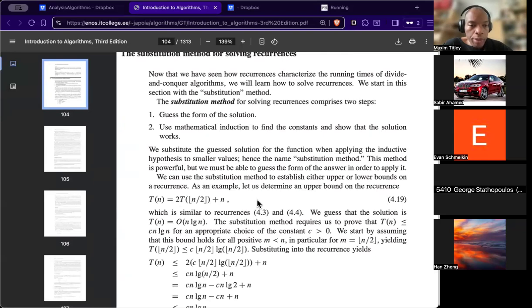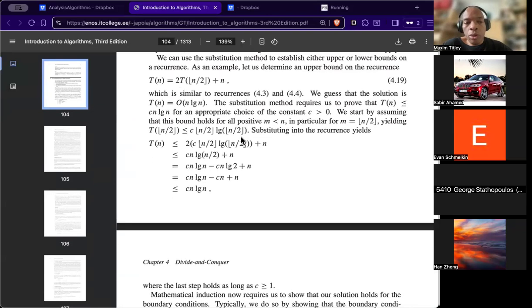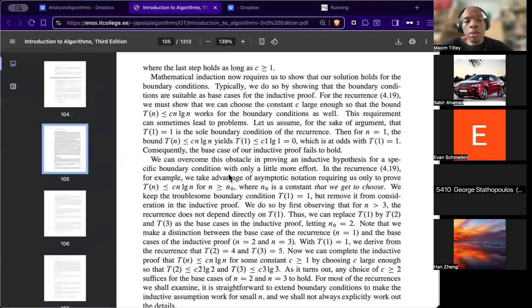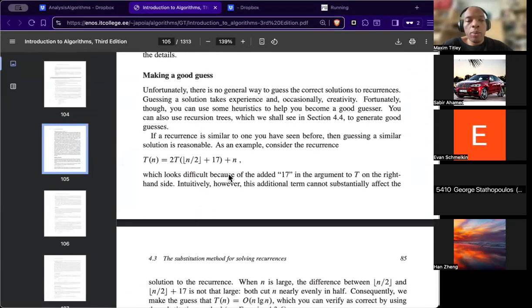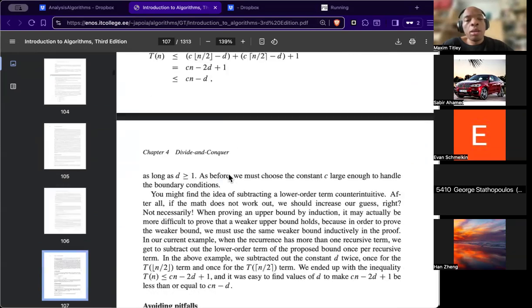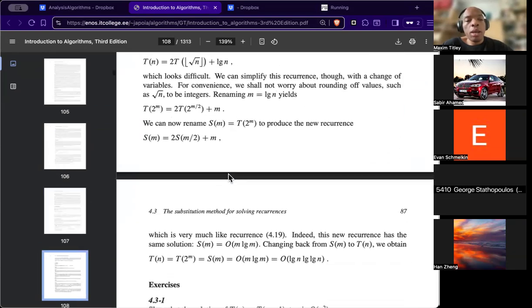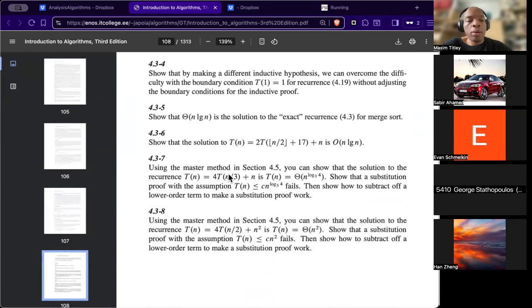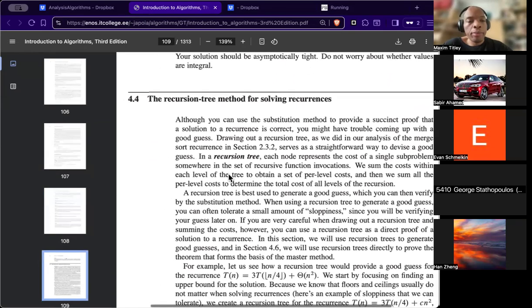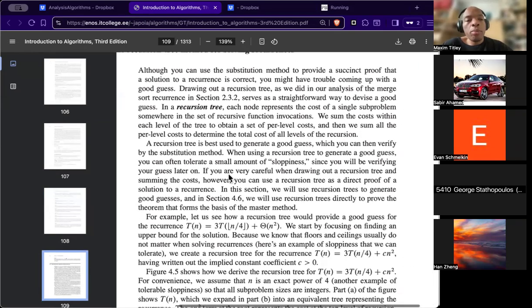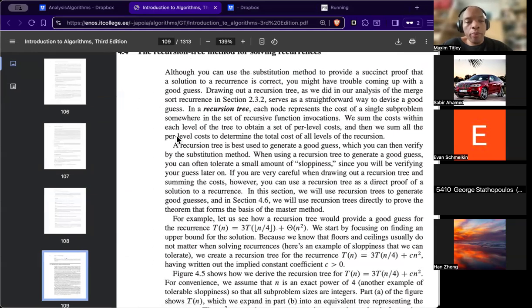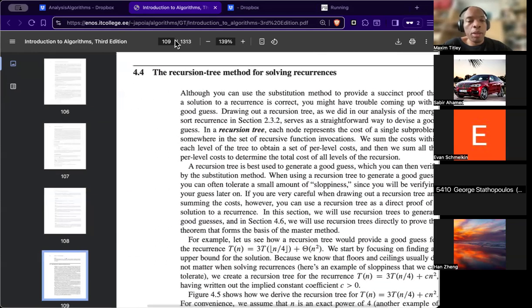For solving recurrences, guess the form, use mathematical induction to find constants, and show that the solution works, right? What we're going to do instead is look at the tree breakdown. That way, instead of guessing, you can really analyze how the work breaks down using the recurrence tree. So the recurrence tree method is in 4.4, as opposed to the master method, which is in 4.5.